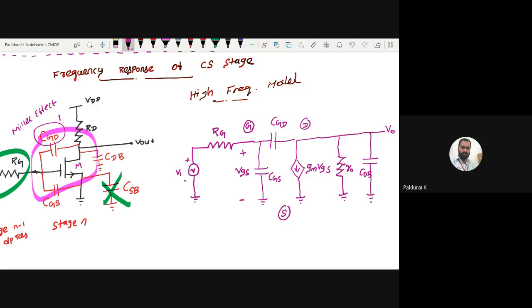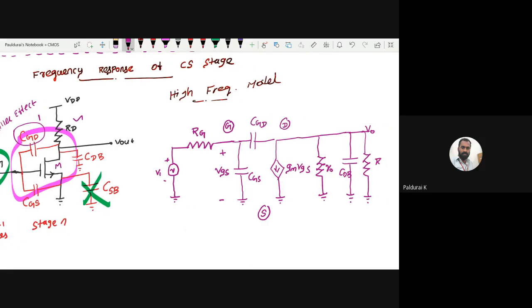What happened to this RD? We replaced this transistor by its high frequency model, and I am remaining with this RD. Always the best practice, assume lambda equal to 0 in order to avoid complexity.